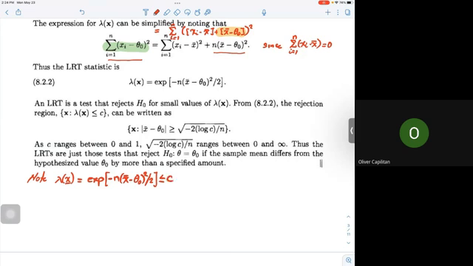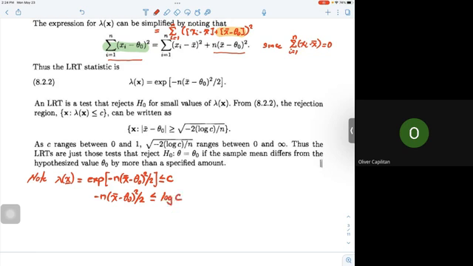Okay, so if we apply logarithm to both sides, then we have negative n times the quantity x bar minus theta sub 0 squared, divided by 2, is less than or equal to the logarithm of c.